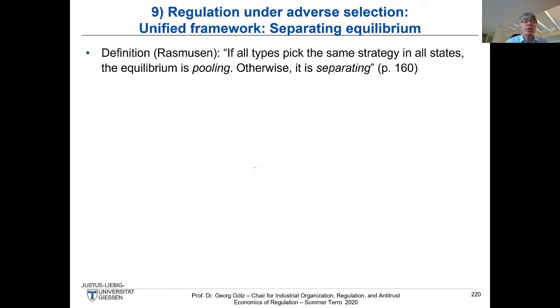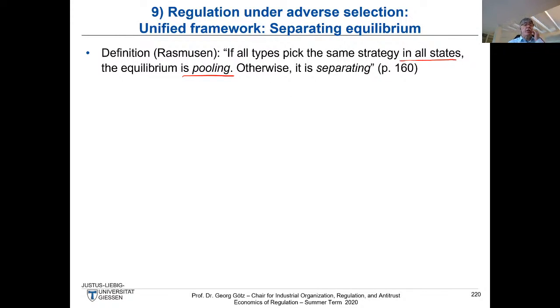Now, if we offer these two full information contracts, we would get a so-called pooling equilibrium. All types would pick the same strategy in all states.